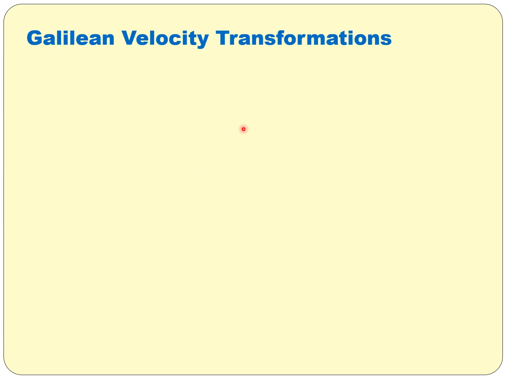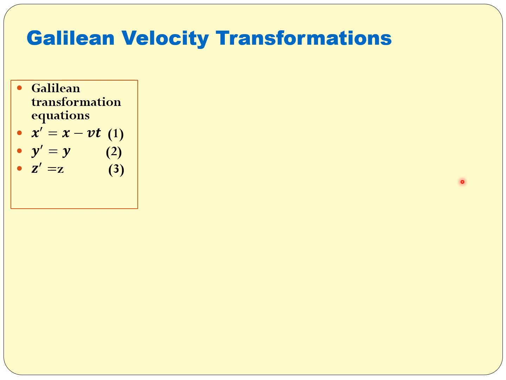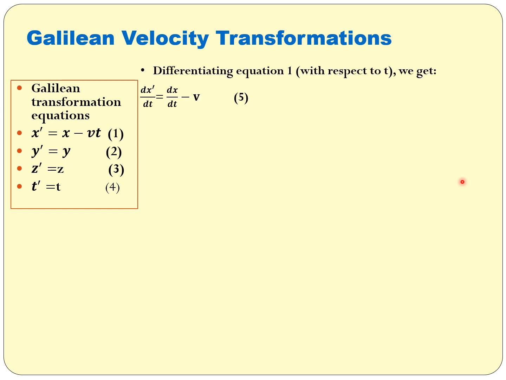Now using the Galilean transformation, we will get the velocity transformation. We know these are the Galilean transformation equations between x prime, y prime, z prime, t prime and x, y, z, t. If you differentiate equation number 1, dx prime by dt will be dx by dt minus v, with respect to time t.